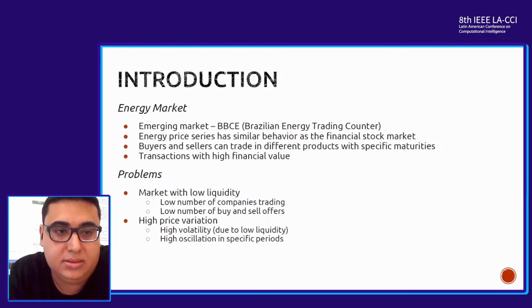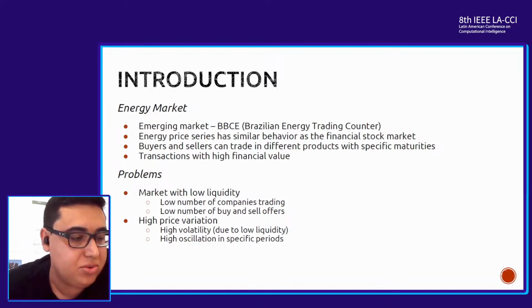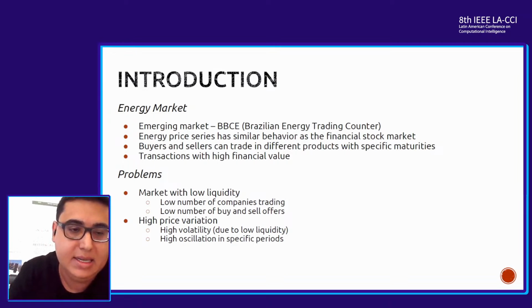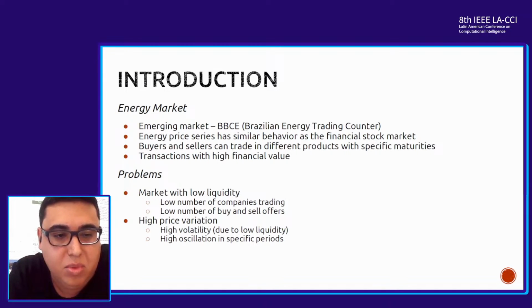Another issue in this energy market is that transactions have a high financial value, so we can extract some profit and earn some money, and also do risk management for these companies. The main problem is that in this energy market we have very low liquidity, because a low number of companies trade in it.